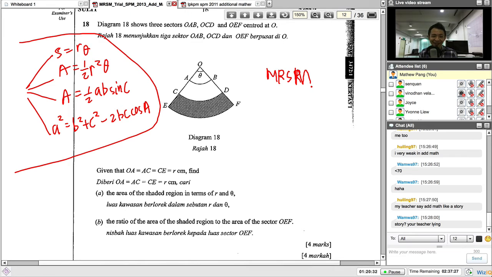Alright. Did any of you get the answer for this part? I think this question is quite simple. I hope all of you can do this.